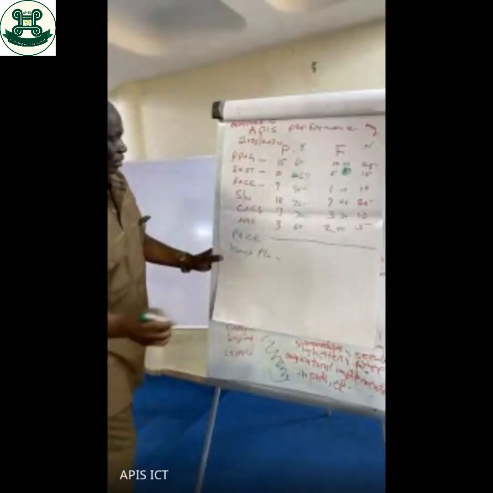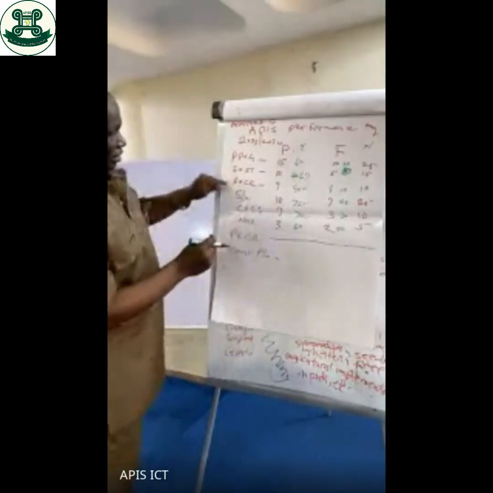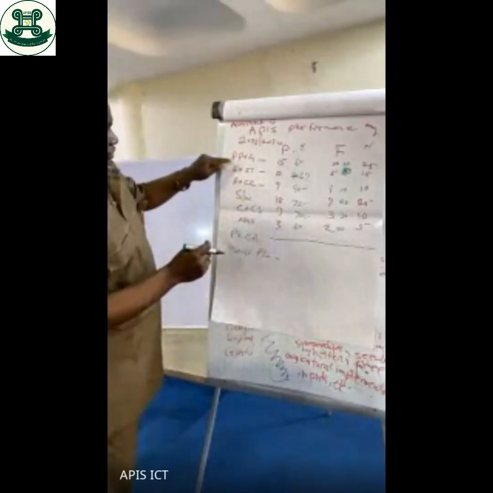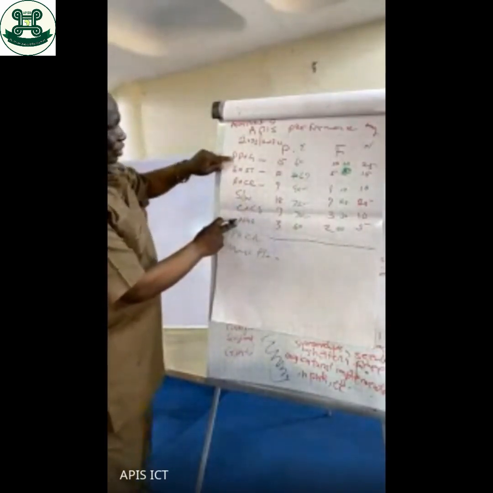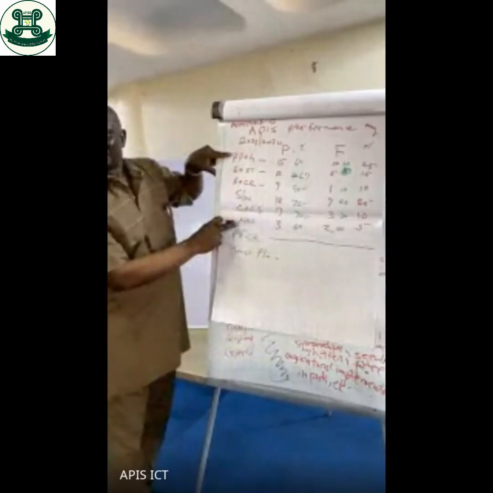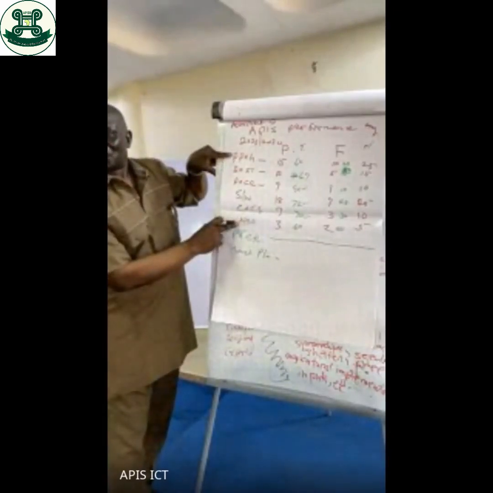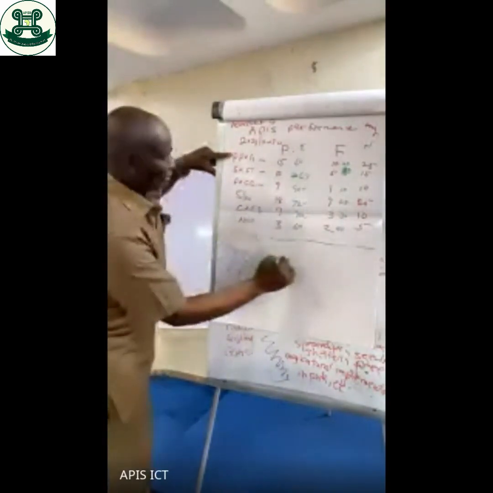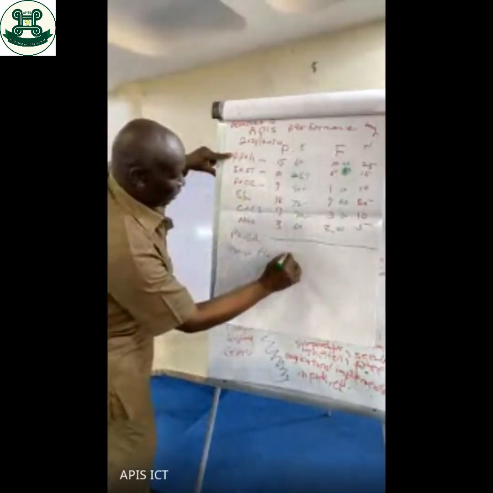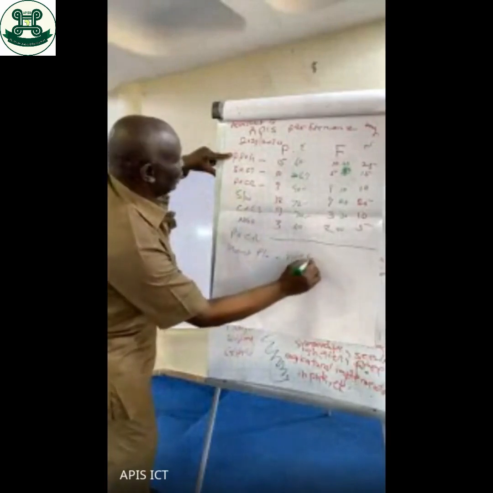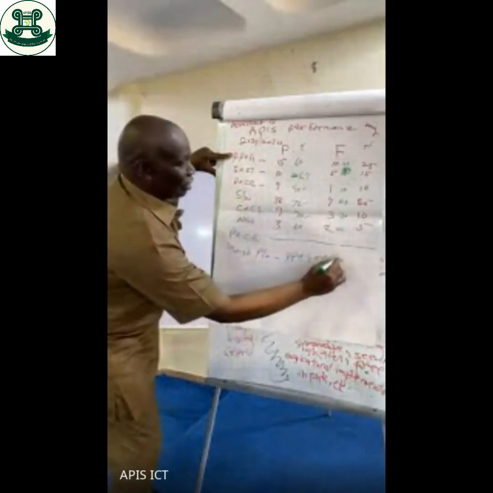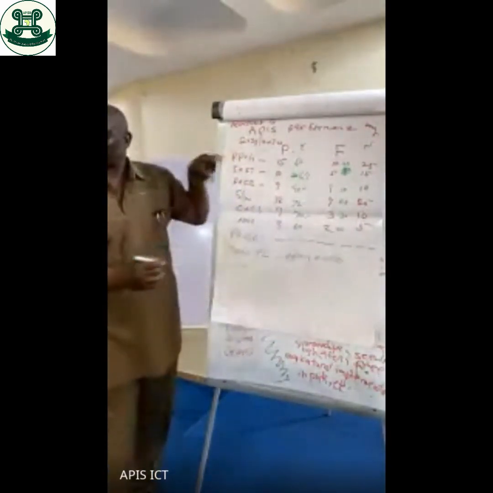Public policy and governance, and NGO. Yes, the worst performing classes, but they need to work harder.